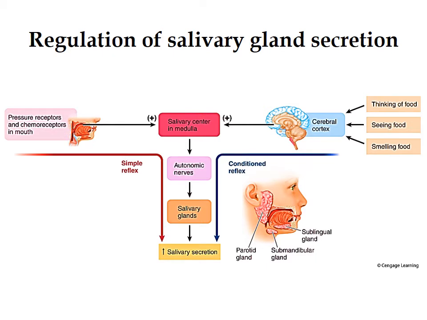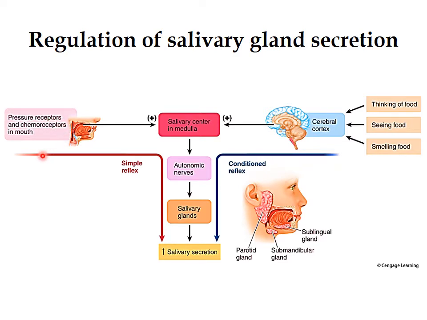Remember that the medulla is a highly sensitive center which lodges many of the vital centers. In digestion, the salivary center is located in the medulla. When you stimulate the salivary center, salivation will happen. Now look at these two reflexes.